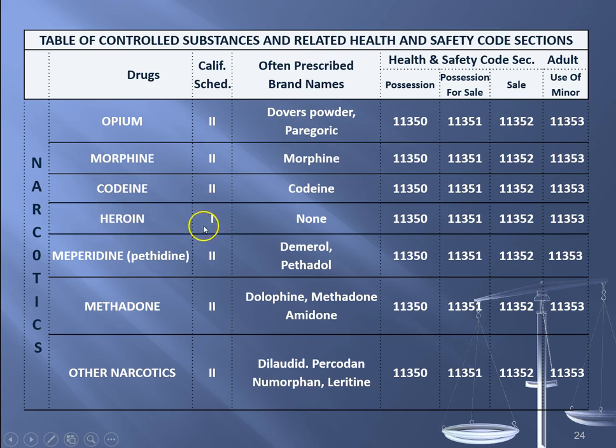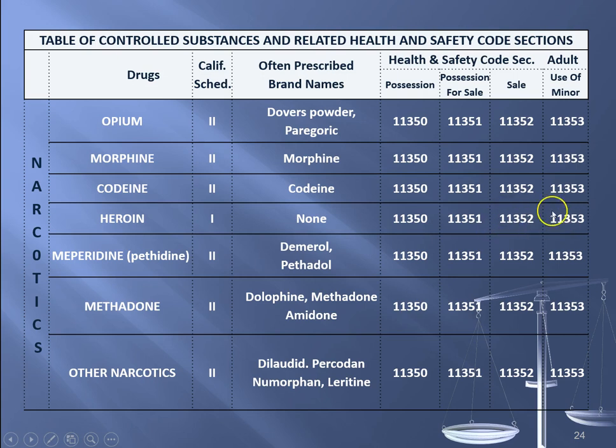We know it's a Schedule I drug here in California. Its prescribed name, well, it's not a prescription drug, so there is none. Simple possession is a violation of 11350 of the Health and Safety Code. Possession for sale would be 11351 of the Health and Safety Code. Actual sale, meaning that you did a hand-to-hand sale or transportation, would be a violation of 11352 of the Health and Safety Code.